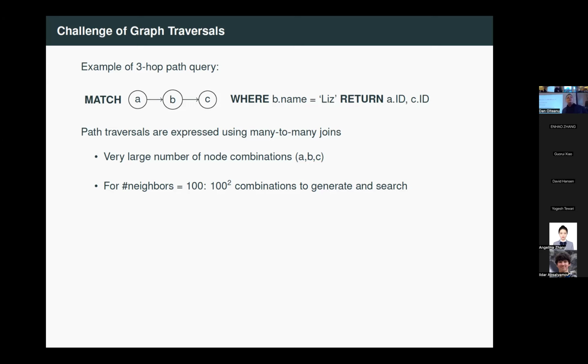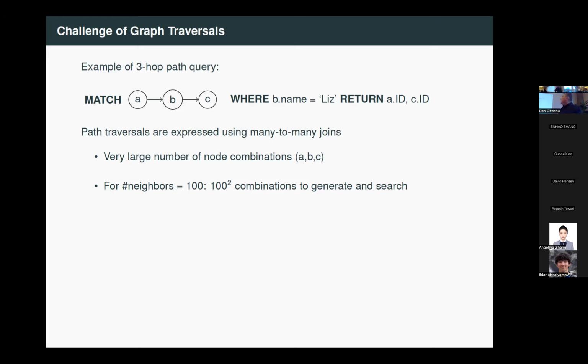Now, what happens in graph databases is that to traverse these paths, if you have an edge relation, you have to do self-joins of the edge relation with itself. But these joins are necessarily many-to-many joins, yeah? Because I as a node have many neighbors, and each of my neighbors may have many neighbors. So when you start traversing, it blows up very easily.